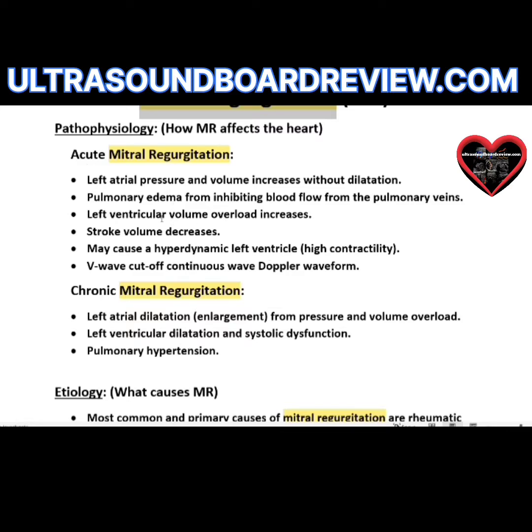In acute, you'll have a normal sized left ventricle, normal sized left atrium, and a highly contractile left ventricle because of that more volume overload. Whereas in chronic, you will have left atrial dilatation, your left ventricle will be dilated, and you'll have some systolic dysfunction and pulmonary hypertension.